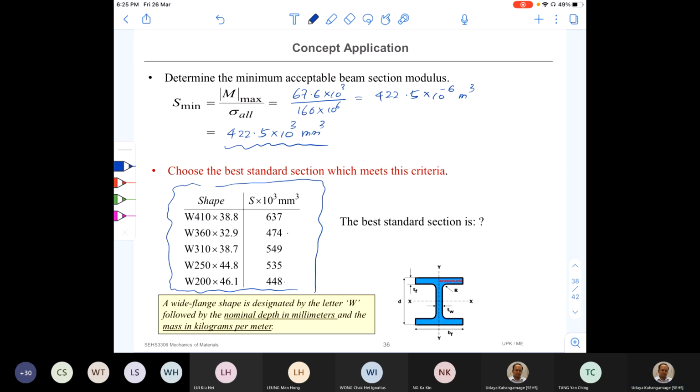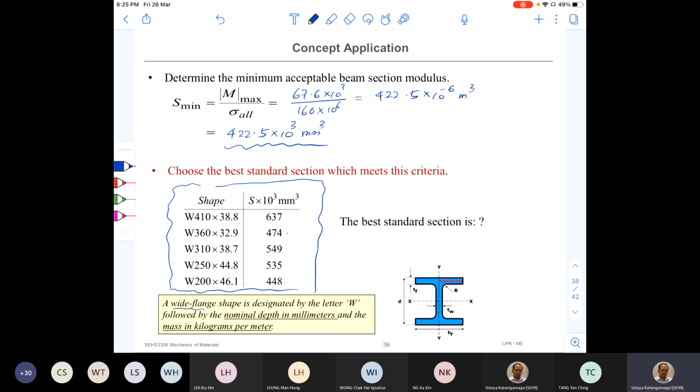right? But we, as engineers, always need to use as little material as possible and get the job done, optimum design, right? So again, just to remind you that here in the designation, W stands for wide flange.